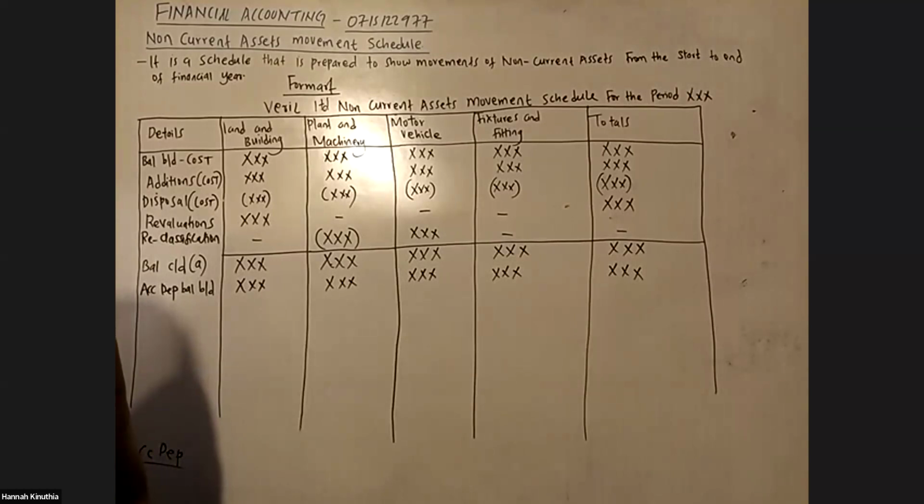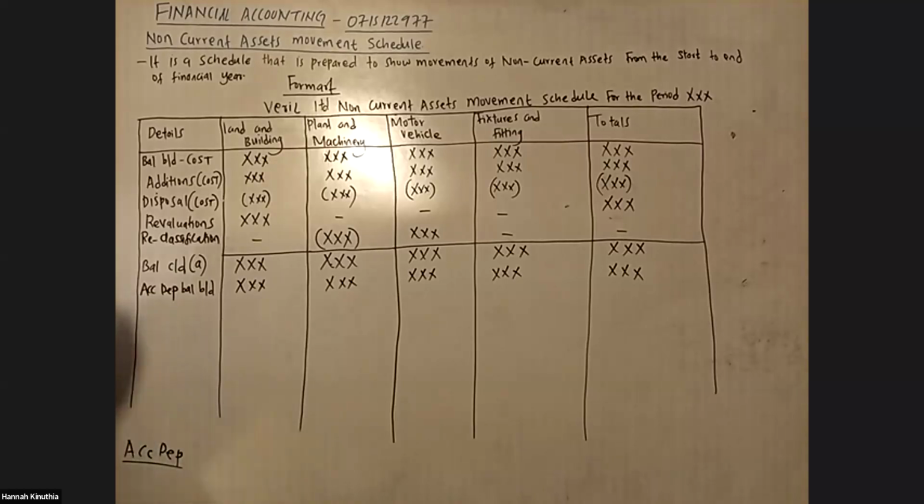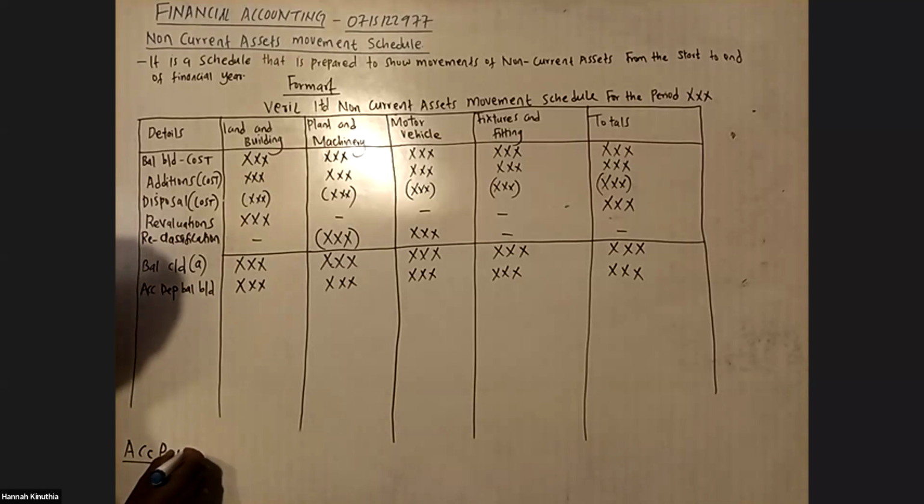So AC, this one means accumulated depreciation.